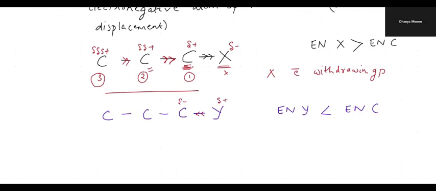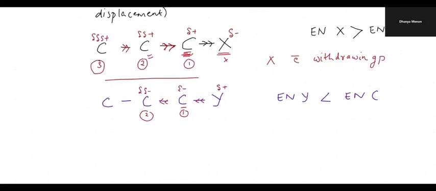Again, carbon number 1 has attained a negative charge, so it will be pulled by carbon number 2, and carbon number 2 will attain a negative charge, and you can see the effect is reducing. Carbon number 3 will pull the electron pair and attain a partial negative charge, of course lesser than carbon number 1 and 2. So the effect is diminishing as the distance increases.